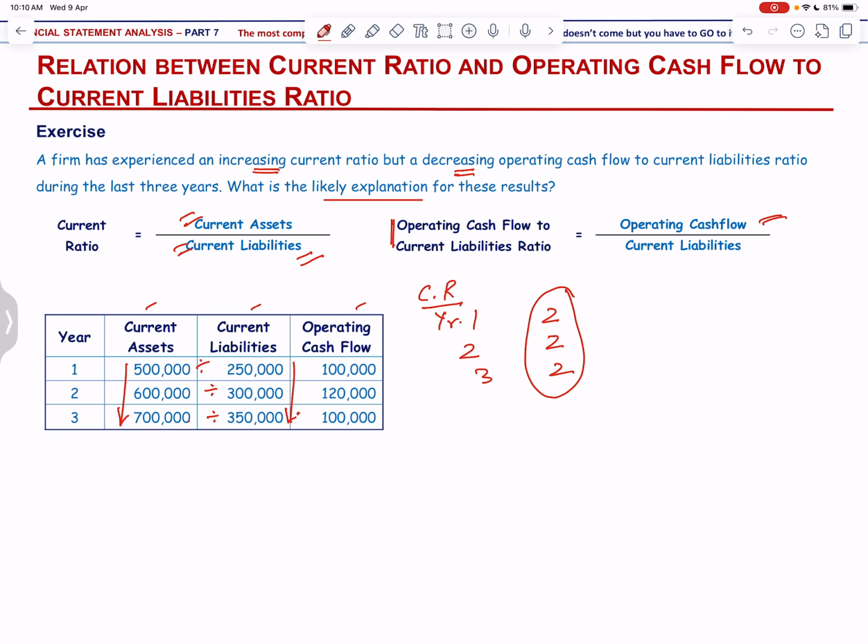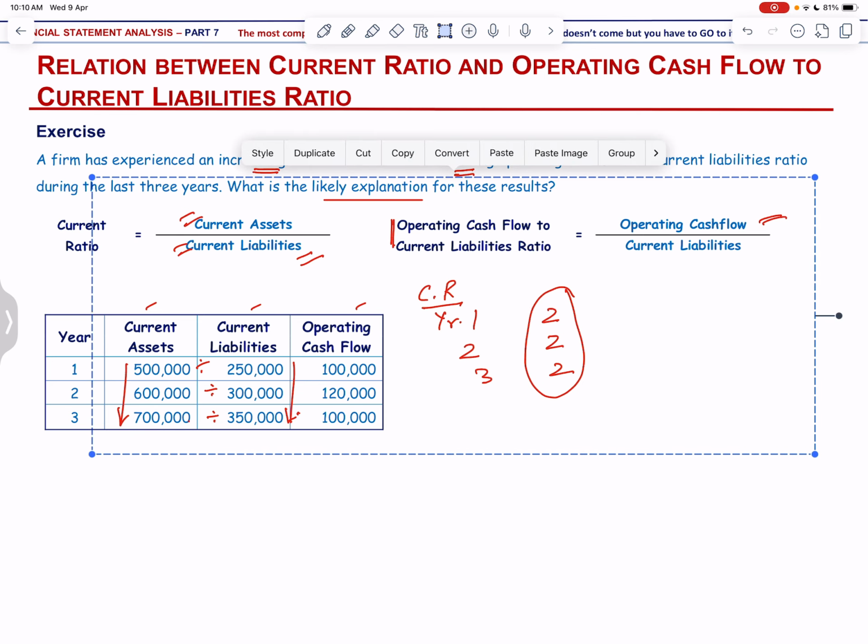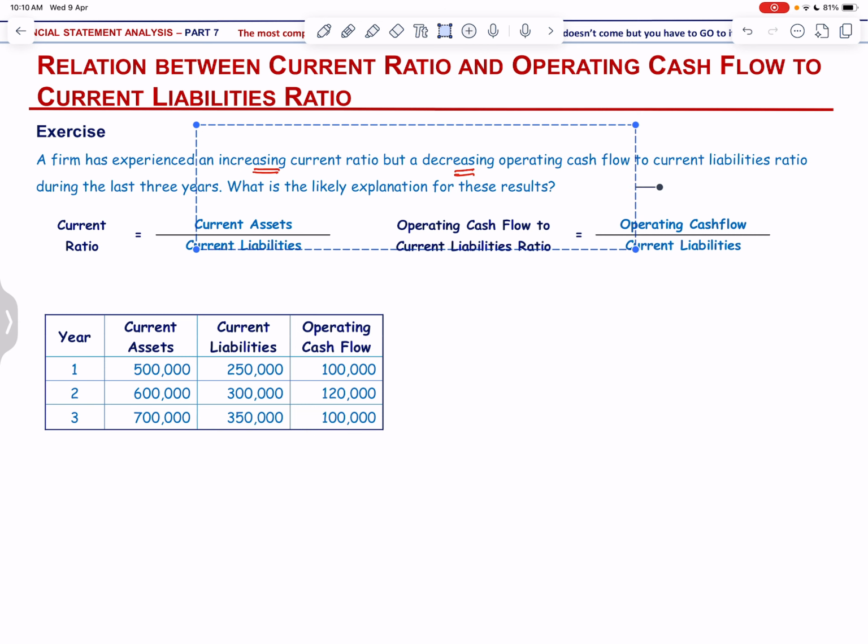Now, coming to operating cash flow to current liabilities ratio for the year number 1, operating cash flow is 100,000 divided by the liabilities, that is 250. So 100 divided by 250, this is equal to 0.4.